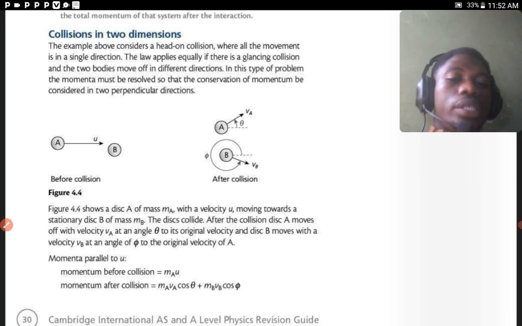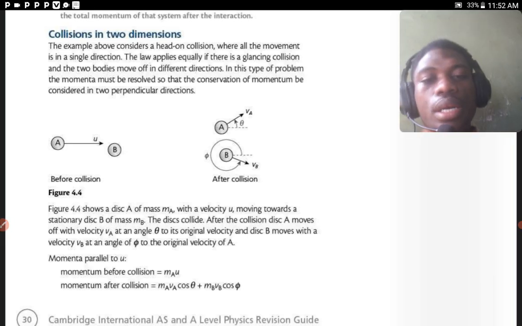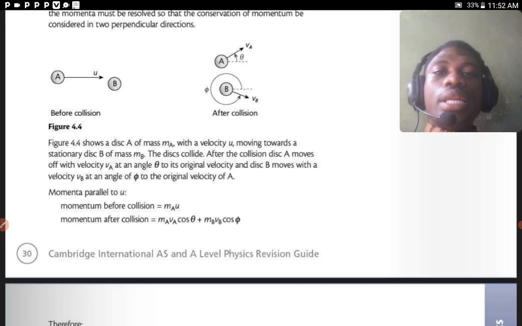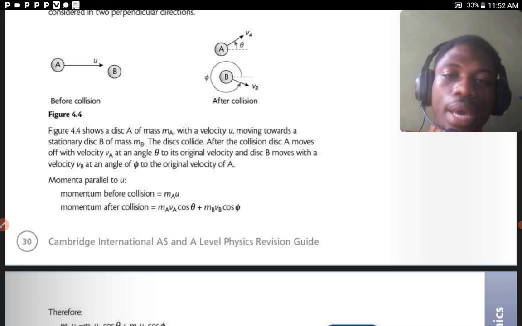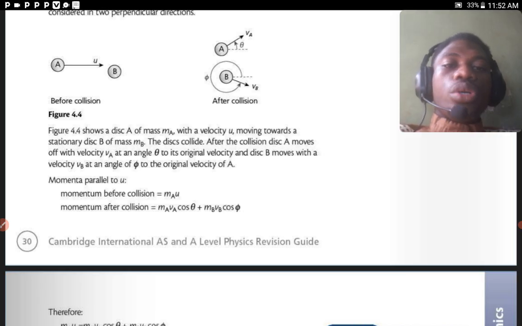All right, ladies and gentlemen, now let's analyze that. In this figure, you can see A, it has a mass, let's call it ma, and its velocity u, and it's moving towards a disk B of mass mb.